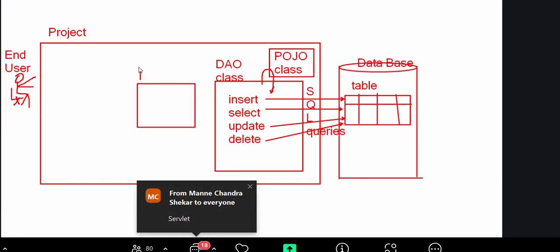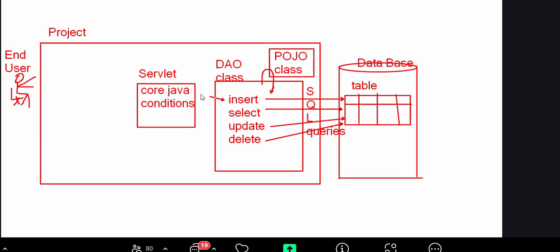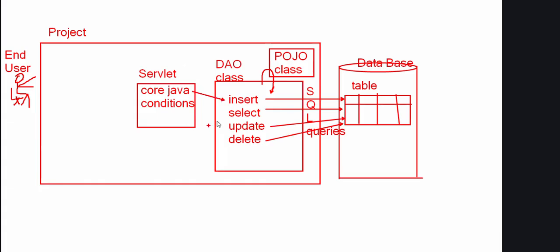Here we need a servlet, with core Java conditions. It will call insert if an insert request is coming, select if a select request is coming, update if an update request is coming, delete if a delete request is coming. Am I right?